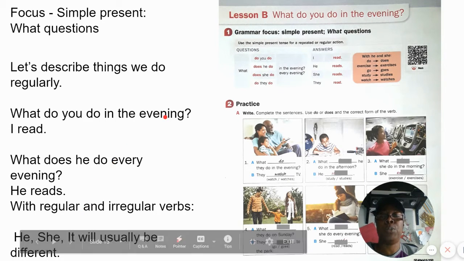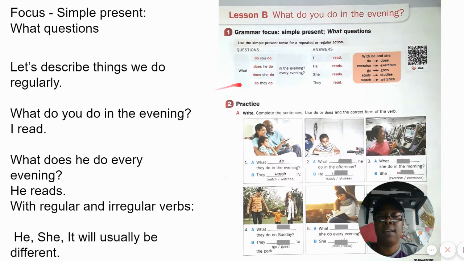Now we're going to look at exercise 2. And we're going to go through each of these questions and answers.